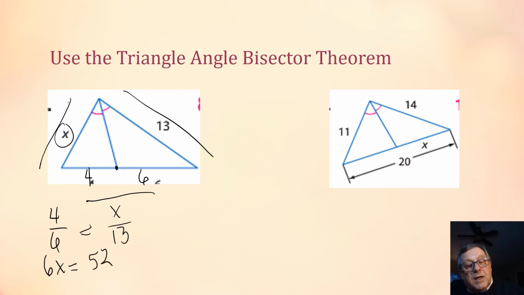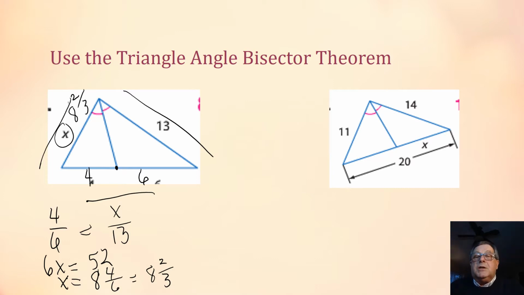Let's divide both sides by 6. 6 will go into 52 eight times, since 8 times 6 is 48, and 52 minus 48 is 4. So 4/6, but we can reduce that to 2/3. So x then is 8 2/3 using the triangle bisector theorem.